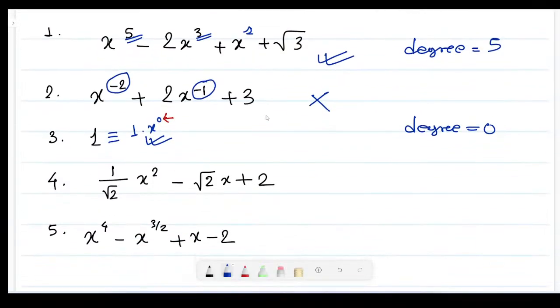In the next example, is this a polynomial? Yes, the power of all x are positive integers. So this is a polynomial and the highest power is 2. So the degree is 2.